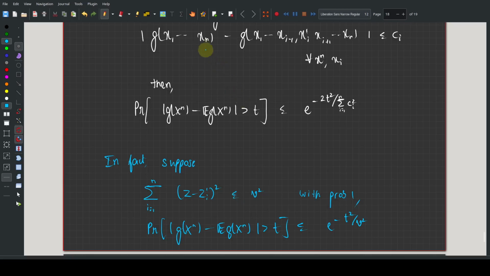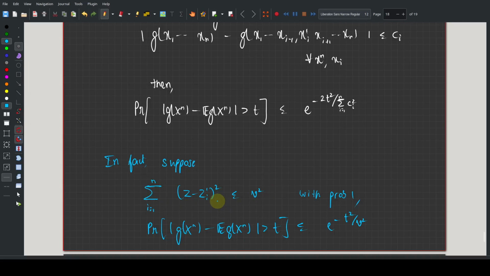In these cases, we can't really say that this quantity is bounded by some particular ci. But instead we can say that the summation over all i of z minus zi prime the whole square is less than or equal to v squared. Both approaches would effectively give you a bound, but this one would give you a slightly tighter one.